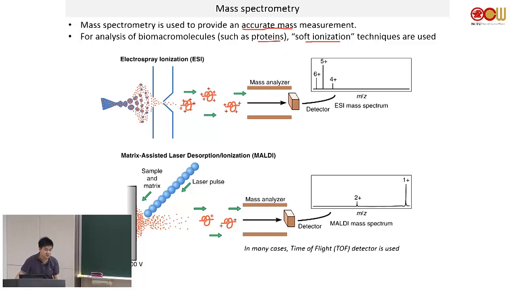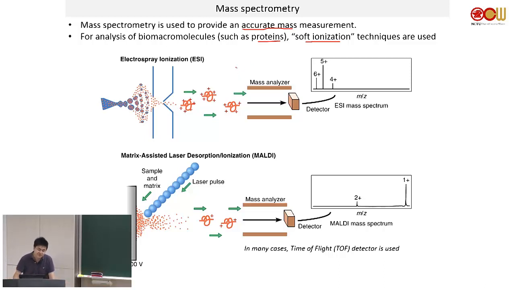Ionization essentially means that we ionize your molecule so that it becomes charged, and then when it passes through an electromagnetic field, it has a mass-to-charge ratio. That is how you know the particular mass of your compound. If you are not familiar with mass spec, you can come to me and I'll give you a very brief introduction.